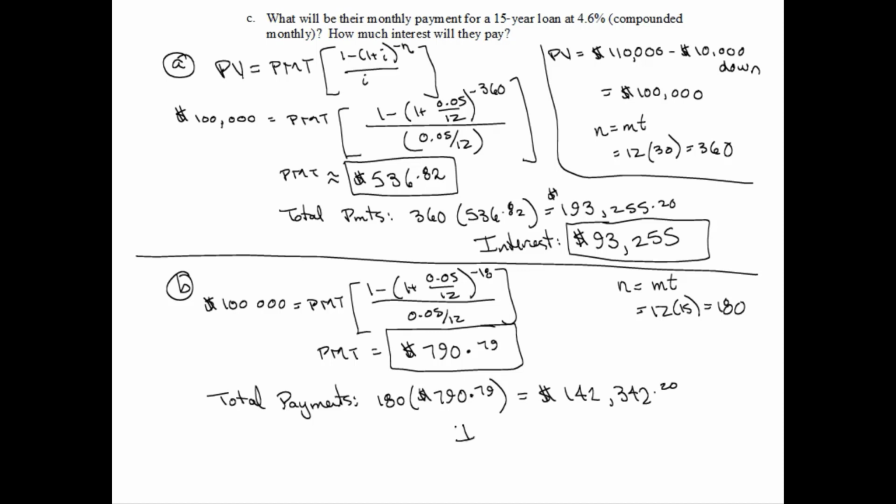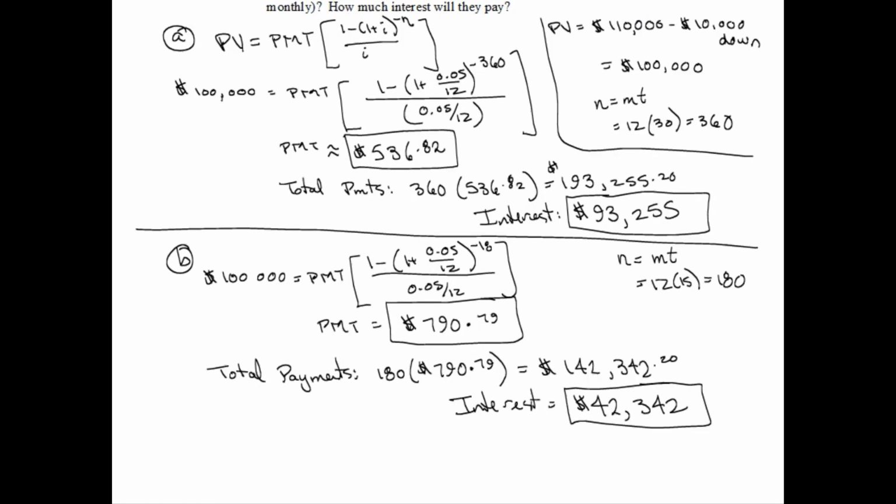And so my interest then is the $42,000. Okay, so that's a big difference. Knocking it to 15 years instead of 30 saved them about $50,000 in interest.